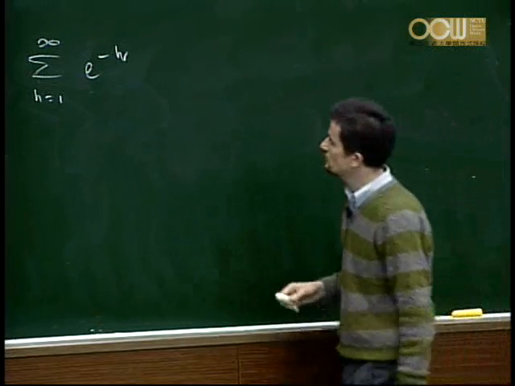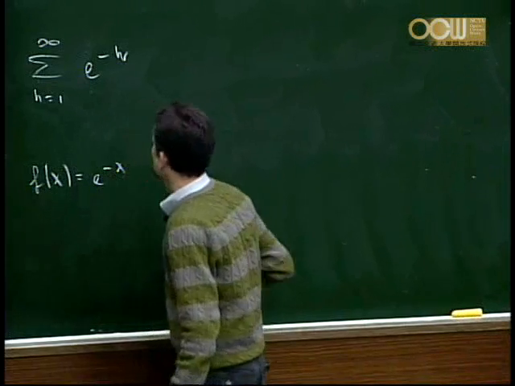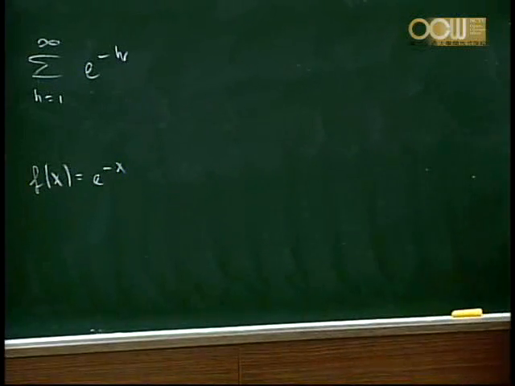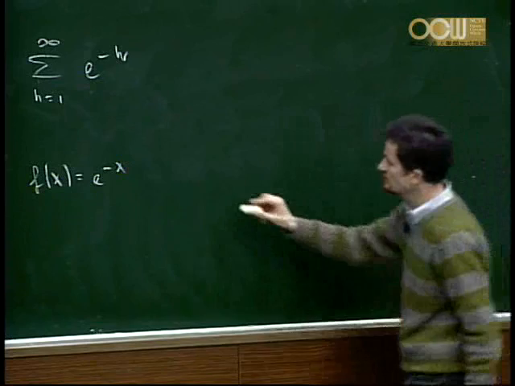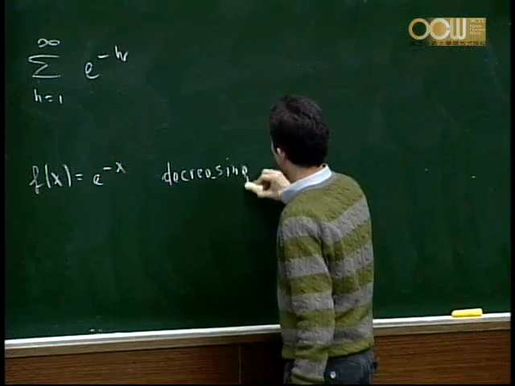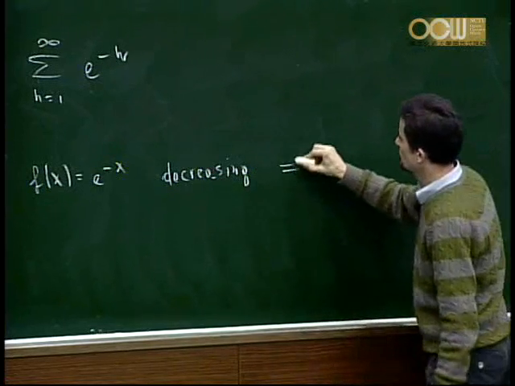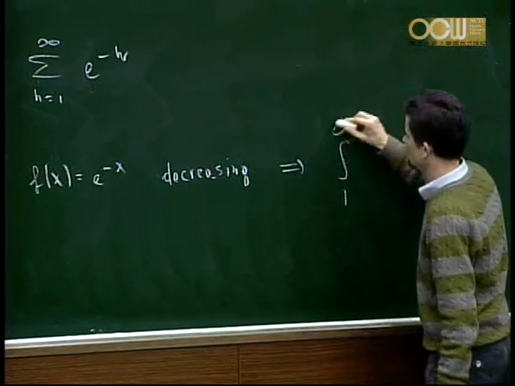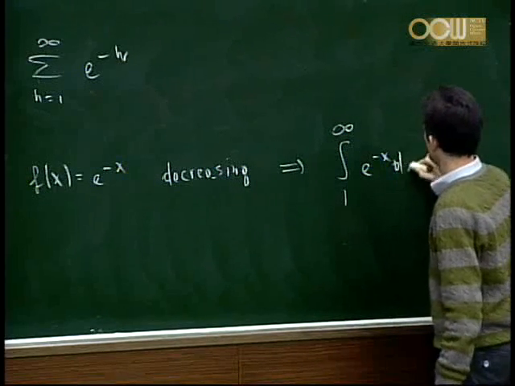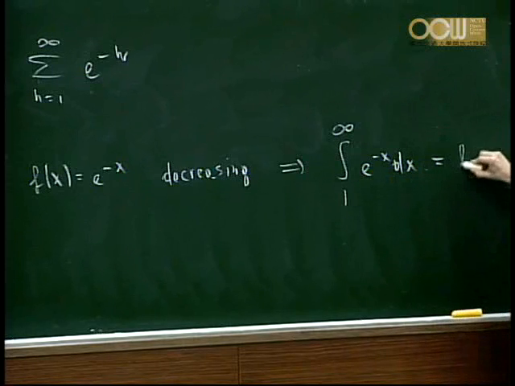Now, in order to prove this, it is pretty easy, because you just look at this function here, and this function is decreasing. So you can apply our integral test. What you have to look at is this. By definition this is the limit as t tends to infinity.